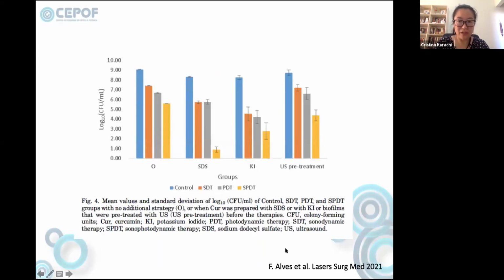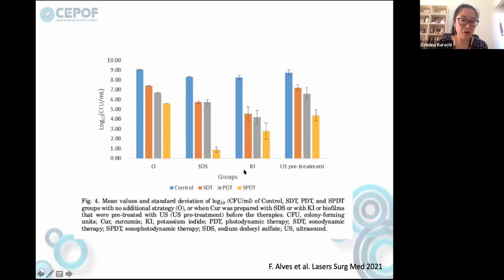And I'm just going to show the final results here. The combined treatment is the bars in this orange color. So with the different protocols, we always get the highest amount of inactivation of the bacteria with the combination, especially in this group, where we also used a surfactant, and we can achieve several logs, up to almost 8 log units of inactivation.